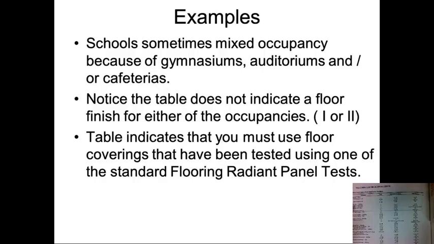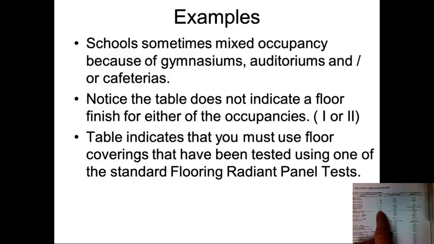Assembly existing, less than 300, greater than 300. And then it has educational, new and existing. So if we're looking at it here, exits, of course, A; exit access, A and B; and then A, B, and C. It doesn't say anything for existing floor covering, but we get it in new.